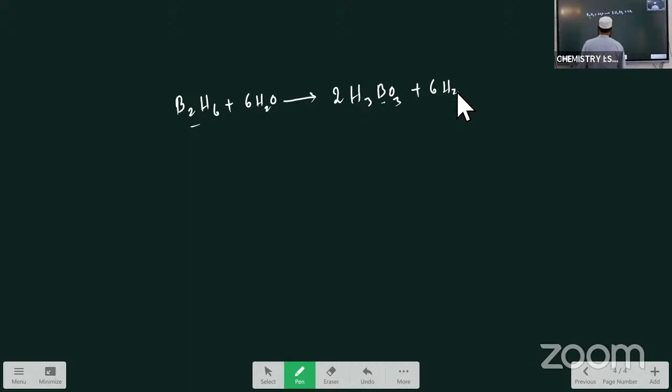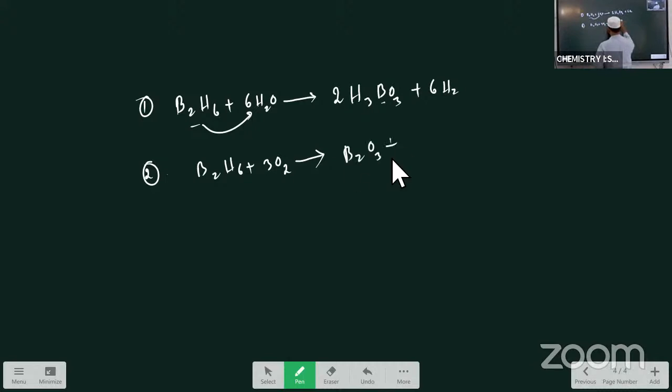Diborane when treated with water you will get boric acid. This is about the first property, what happened when diborane is treated with water. ठीक है भाई, तो second one, when diborane reacts with the oxygen which is present in the air, हवा से react हुआ तो क्या form होता? Okay, this is the reaction, I am writing this one: B2H6 is diborane, when it is treated with air, oxygen से react हो रहा, क्या form होगा भाई, B2O3 form हो जाता, and what is the remaining thing, यहाँ पे 3H2O form होता है.